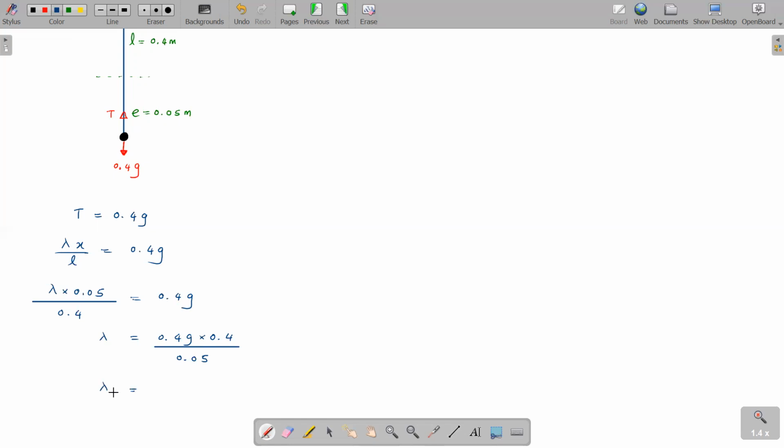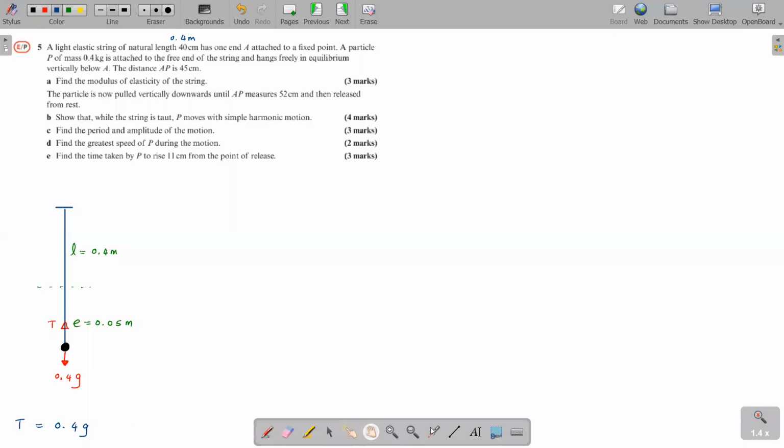How much is the lambda value? 31.36, and we give the unit in newtons, right? The constant.